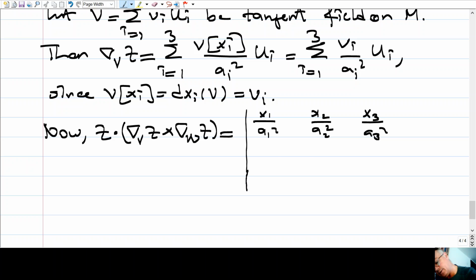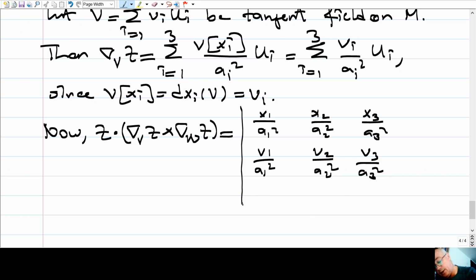And then the second row is just this vector, so it is just v1 over a1 squared, v2 over a2 squared, v3 over a3 squared, and then the third one is w1 over a1 squared, w2 over a2 squared, and w3 over a3 squared.